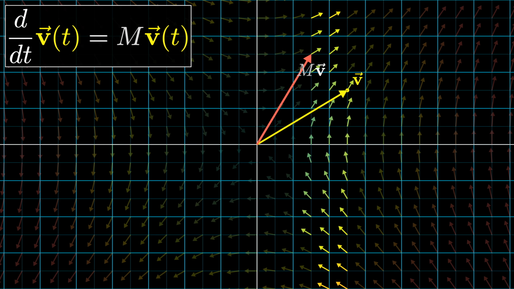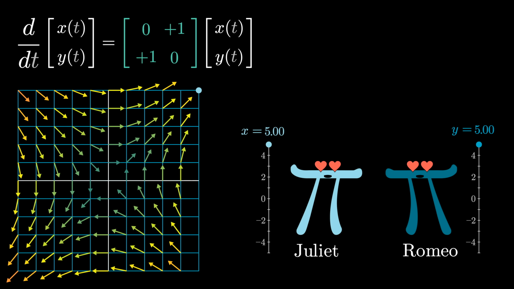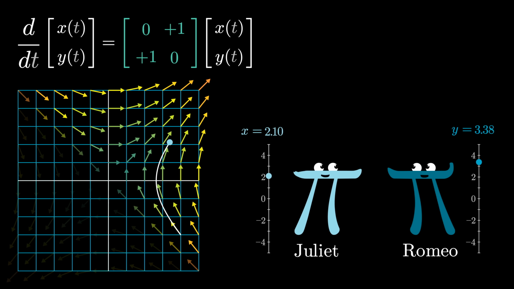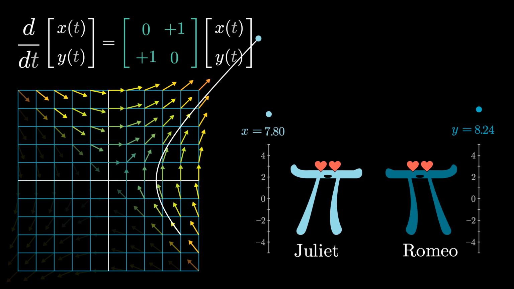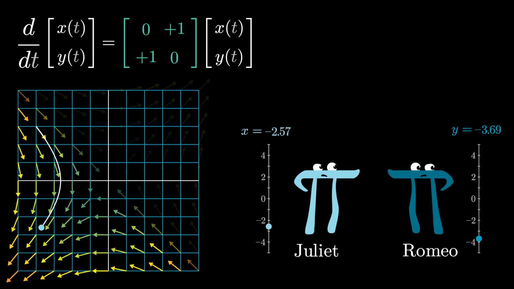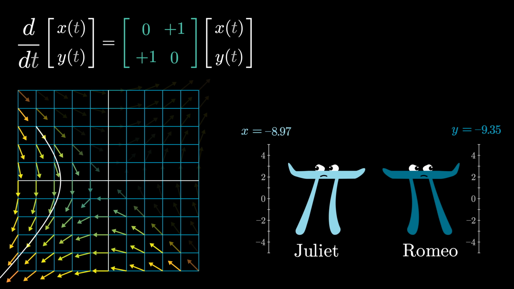But for this example, flow along the field looks a lot different from how it did before. If Romeo and Juliet start off anywhere in this upper right half of the plane, their feelings will feed off of each other, and they both tend towards infinity. If they're in the other half of the plane, well, let's just say that they stay more true to their Capulet and Montague family traditions.